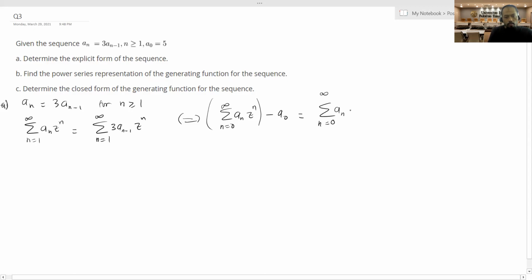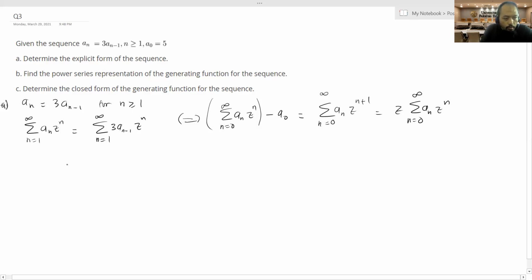a_(n minus 1) z to the power of n plus 1. And the right hand side is actually equal to z times the sum from n equals 0 to infinity a_n z to the power of n. So now we have this form.